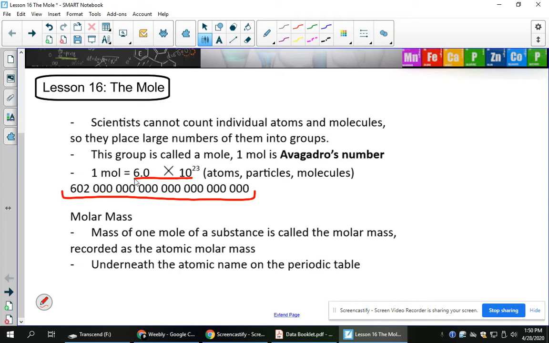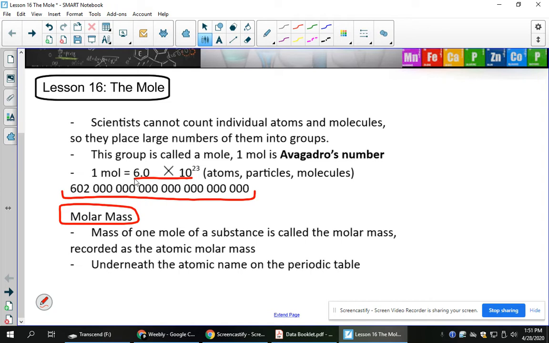Now we're going to find something called molar mass. Molar meaning mole, and mass meaning the mass of one mole. So how much is the mass of one mole of something going to weigh? Now, it'd be really hard for us to figure out and use such a small number as the mass of an iron atom.